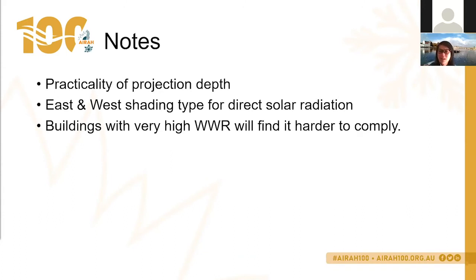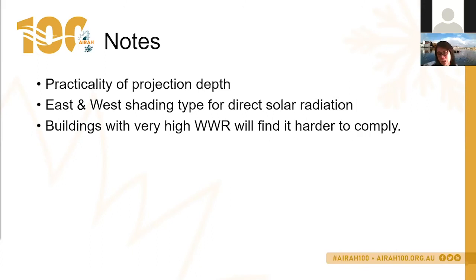The east and west shading we've applied, we've applied some horizontal shading just for the purposes of this case study, but we know that in Australia the sun hangs quite low on the east and west aspects orientation, so it might be actually more useful to use vertical louvers or brise soleils instead of using a horizontal external shading projection.